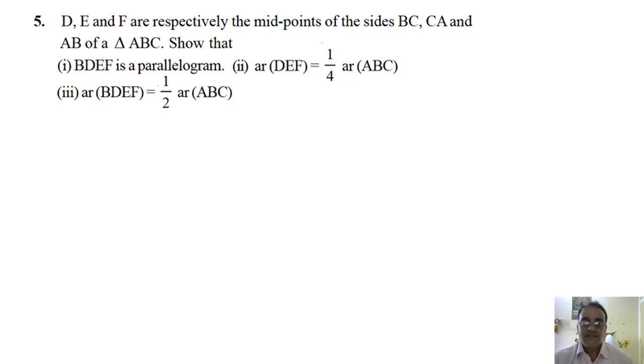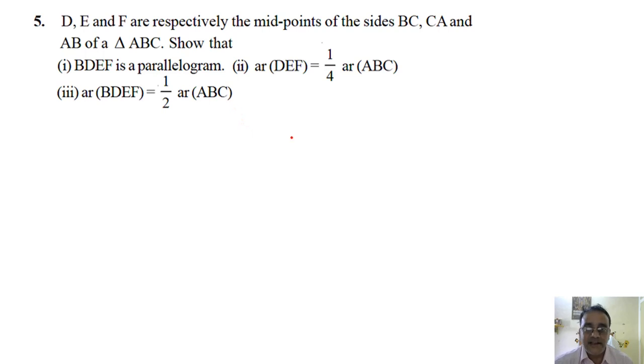Fifth question. D, E and F are respectively the midpoints of the sides BC, CA and AB of triangle ABC. Show that BDEF is a parallelogram, area of triangle DEF is equal to one fourth of area of triangle ABC, and the third one, area of the parallelogram is equal to half of area of triangle ABC.